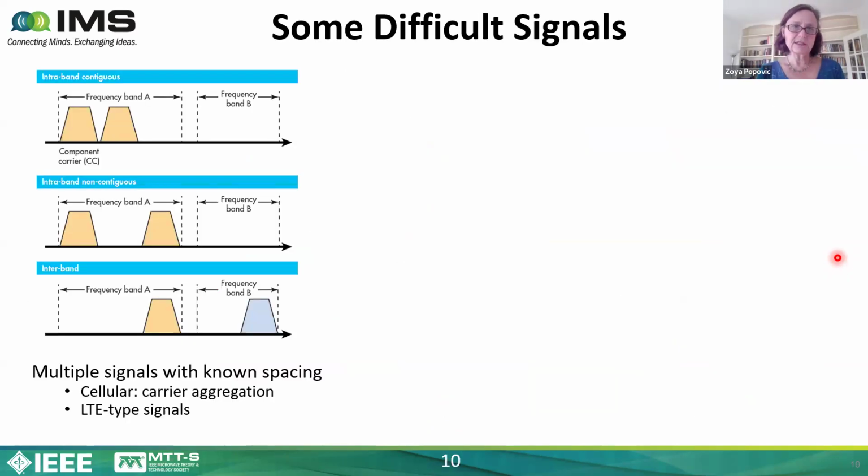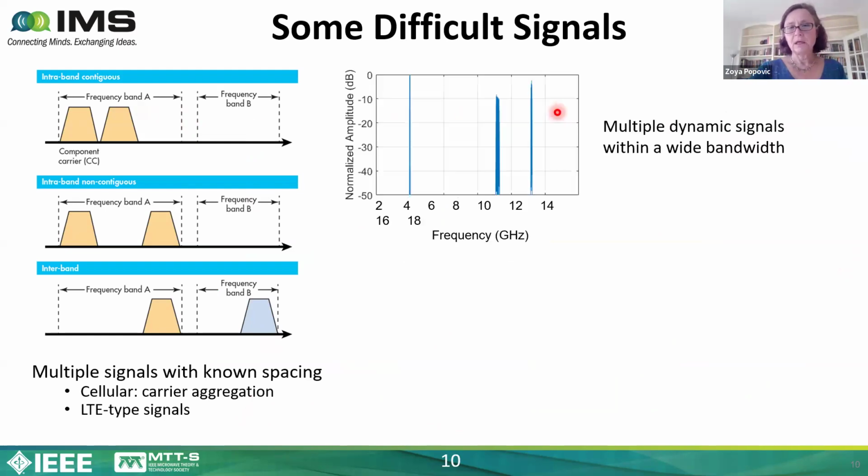And then the other challenges come in the signal content. Some difficult signals, for example, are those with carrier aggregation, and they can be distributed in the same band, they can be in adjacent bands, they can be close together or very far apart, and all of these are not that easy to amplify efficiently.